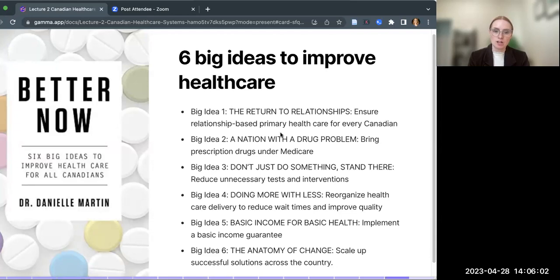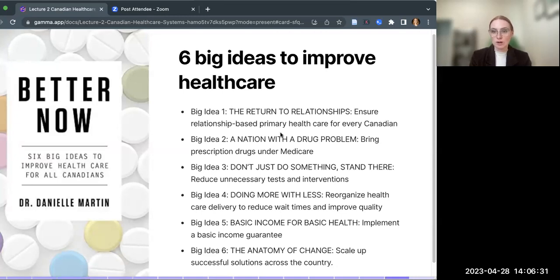And then the anatomy of change: scale successful solutions across the country. There's a lot of pilot testing done in Canada, and from what I've heard or seen, there are a lot of good pilots that don't go anywhere because we don't do a great job of scaling. One challenge is that provinces are completely responsible for their provision of health services delivery.